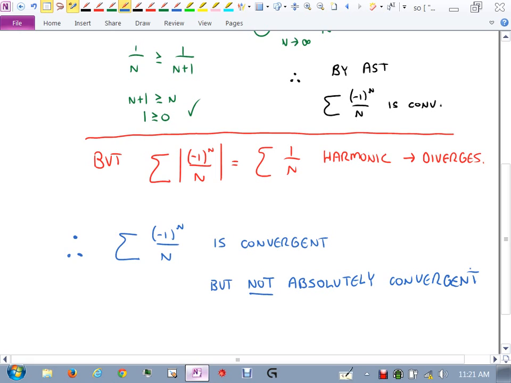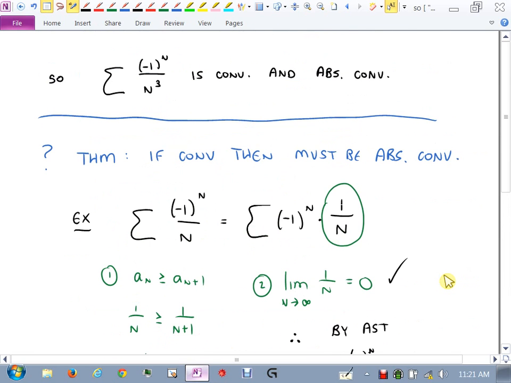Which means, what about that little theorem I thought I might have up there? No, it's not going to happen, right? As soon as you come up with one example where something like this isn't true, it can't be a theorem. So it's not possible. Now, we said maybe the other way would work. What if it's absolutely convergent? Do you think that that means that it would have to be convergent?